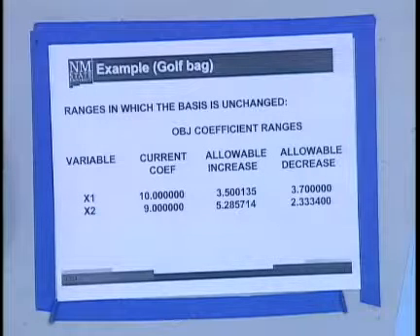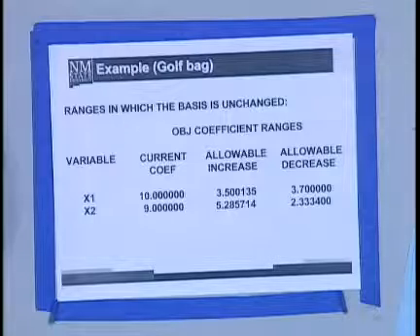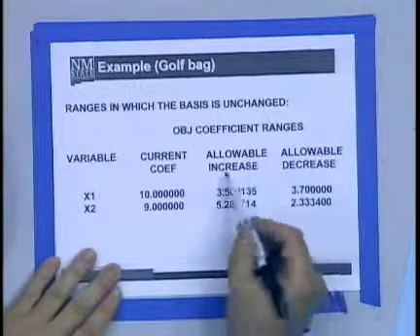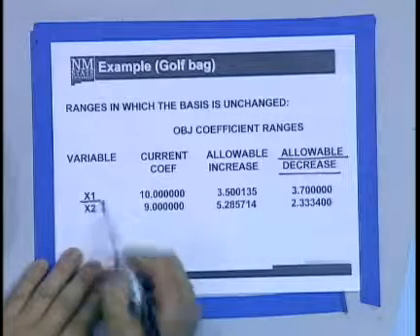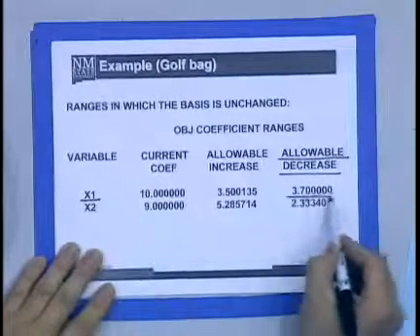So according to our Lindo report, the allowable decrease of the x1 variable is 3.7.